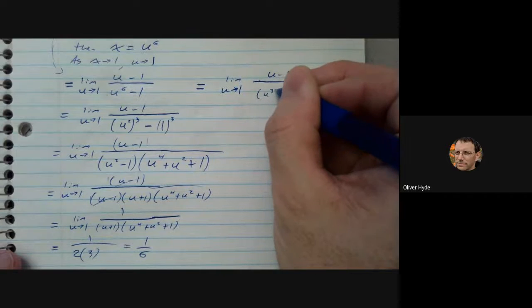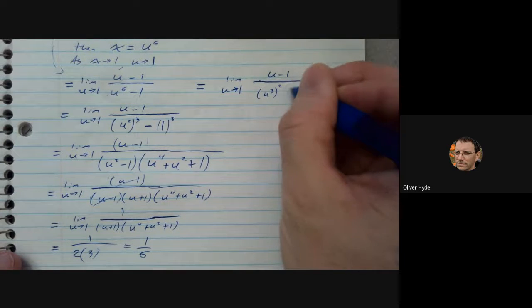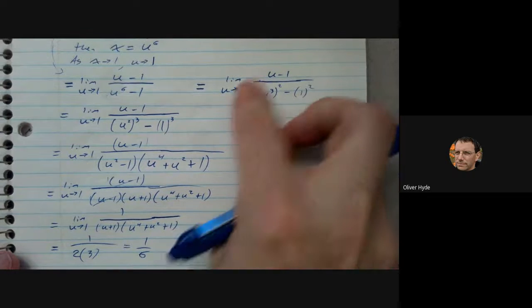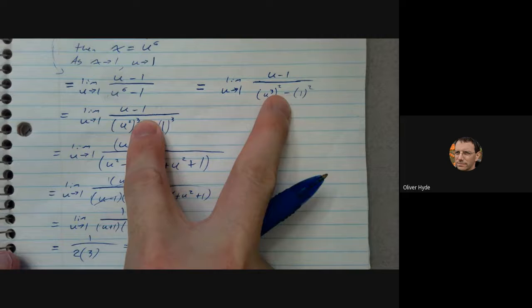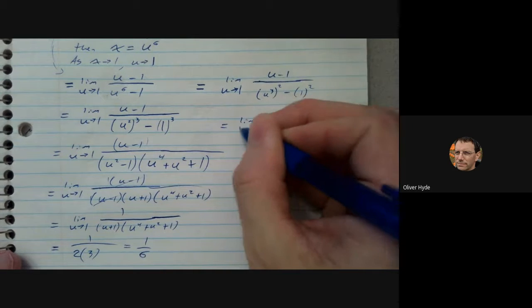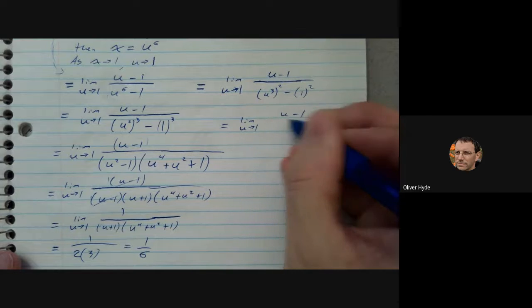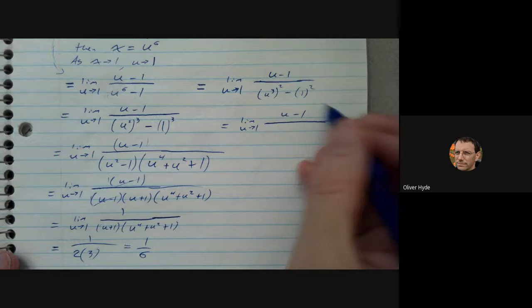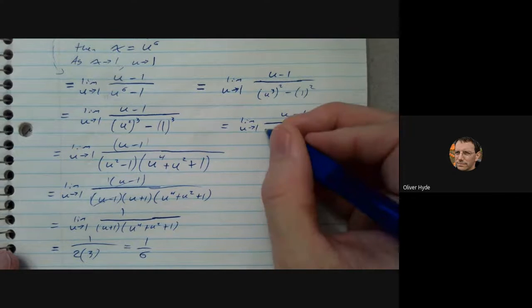This would be what, u cubed squared minus 1 squared? A lot of students can do this step in their head, by the way, and that's fine if you do. I like showing it for the purposes of our lesson. As a difference of squares, I think I'll find an advantage because factoring as a difference of squares seems a little bit easier.